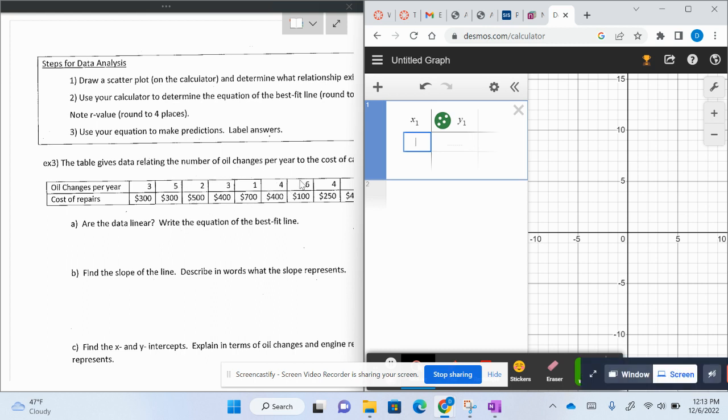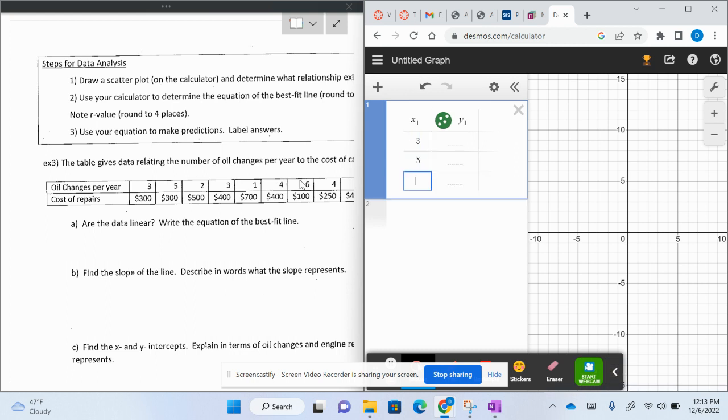I'm going to call them out as I type them in. 3, 5, are you guys with me? Okay, I'll wait for you. Are we ready to keep going? You should have 3, 5.